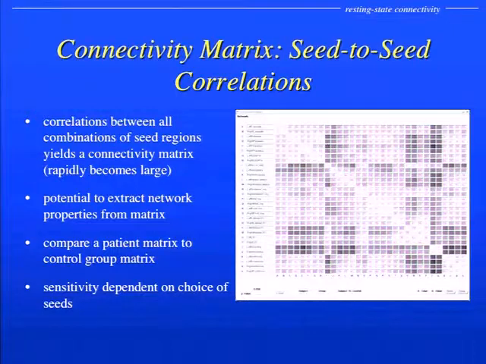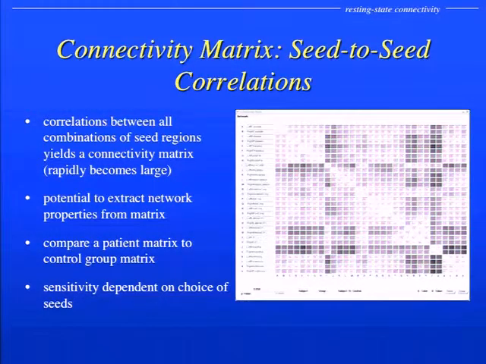You can come up with a whole combination of these seed regions, and here we have a list of about 30 different regions, and put them in a matrix form like this. So the same seed regions are on this axis as this axis, and then we can correlate them all with each other. And so on the diagonal, it's each seed region correlated with itself. And here, I can't read this, and you probably can't either, but you don't have to.